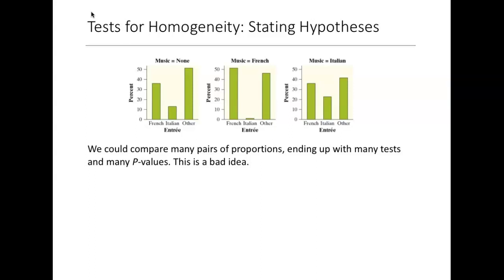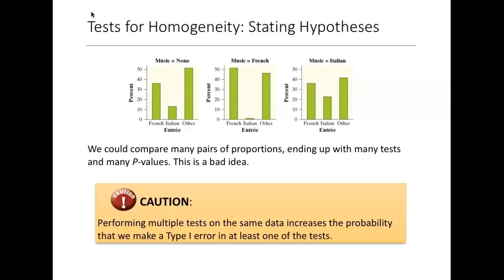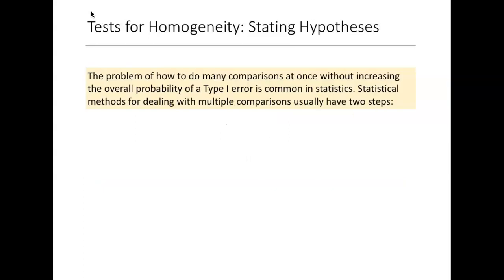So if you're running multiple tests, you're increasing the probability that you've committed a type 1 error, which we don't want. The problem of how to do many comparisons at once without increasing the overall probability of a type 1 error is common in statistics.